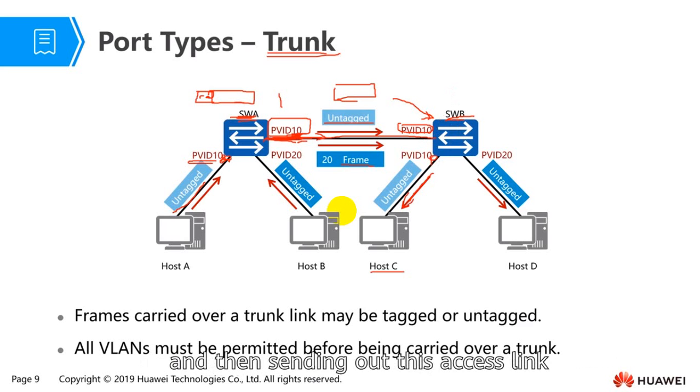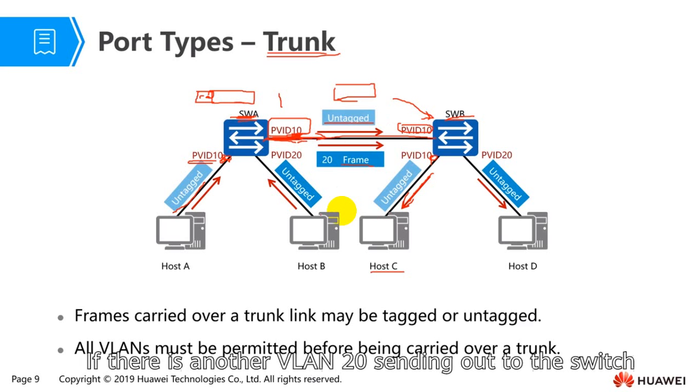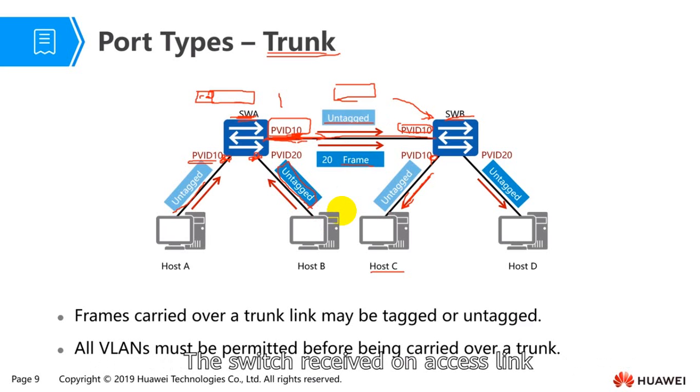Of course, on this access link, an untagged frame is sent out. Okay, this is the trunk link, and if there's another VLAN 20, VLAN 20 is sent to the switch and received on an access link.